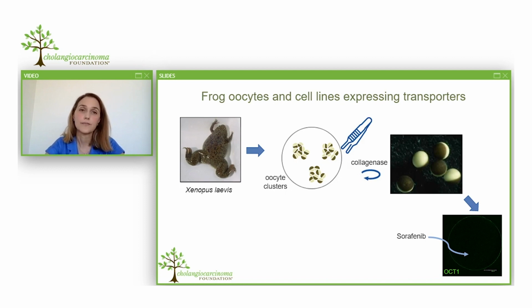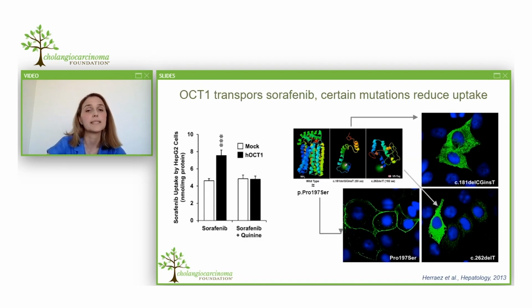Using this model of frog oocytes that express OCT1, we have demonstrated that this transport protein is able to take up sorafenib. We confirm this using cell lines expressing OCT1, and in another hepatic tumor, we found that it was frequent the presence of mutations that gave non-functional proteins with OCT1 located inside the cells instead of in the plasma membrane.